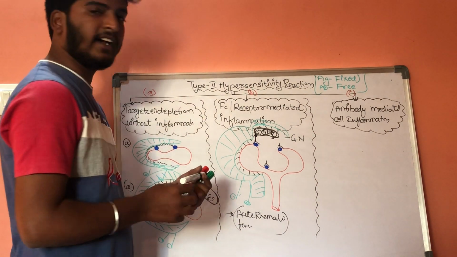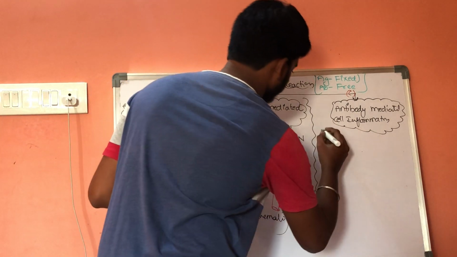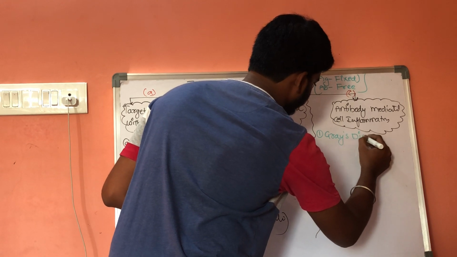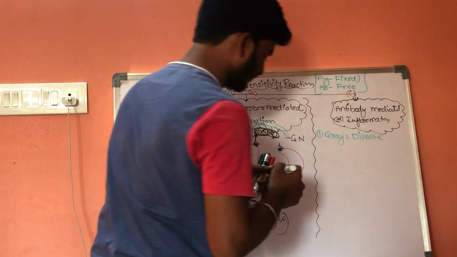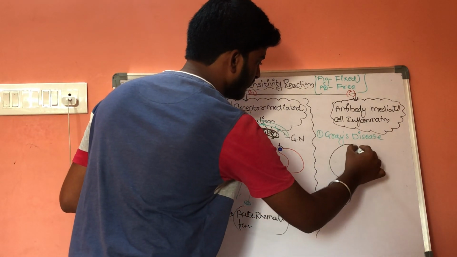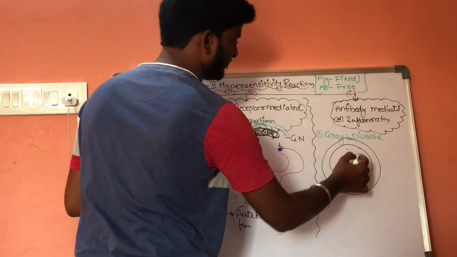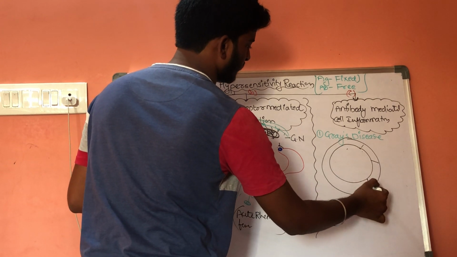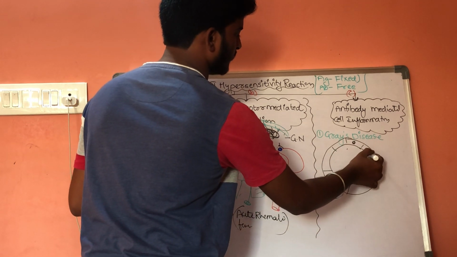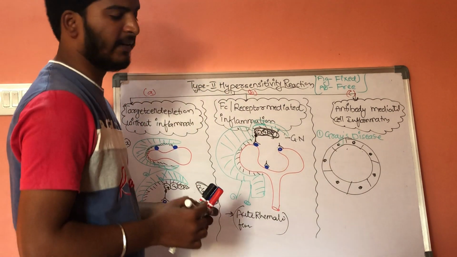Whereas antibody mediated cell inflammation, the first example, let us discuss Graves' disease. In Graves' disease, this is a follicle, the thyroid stimulating follicle, TSH.